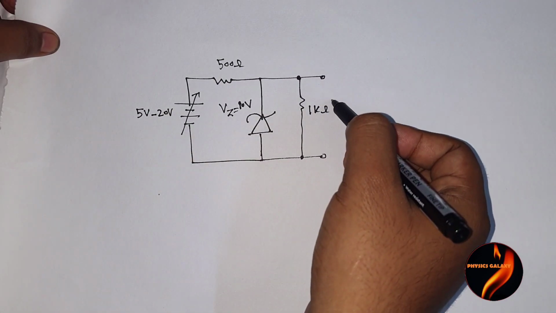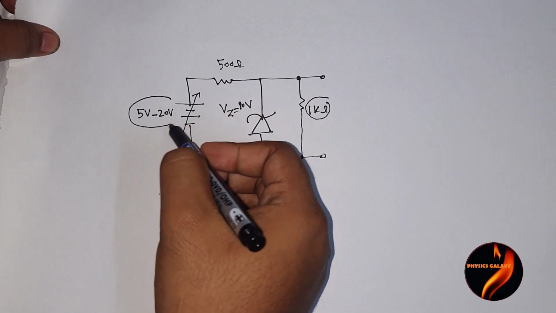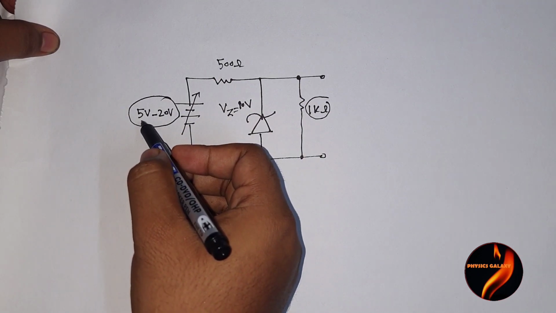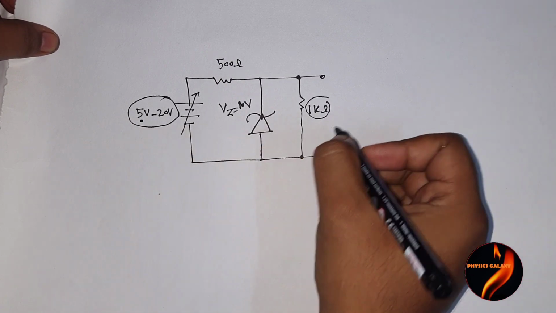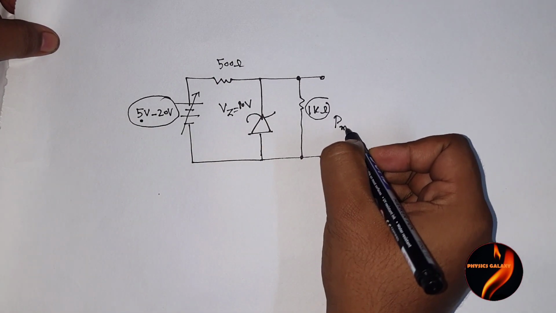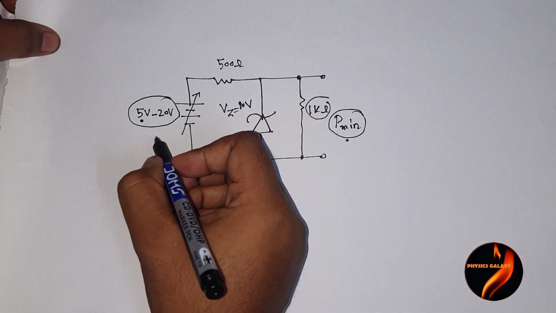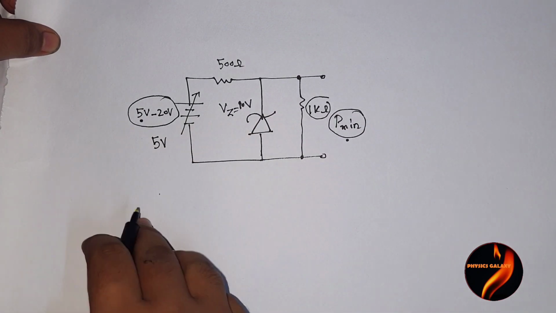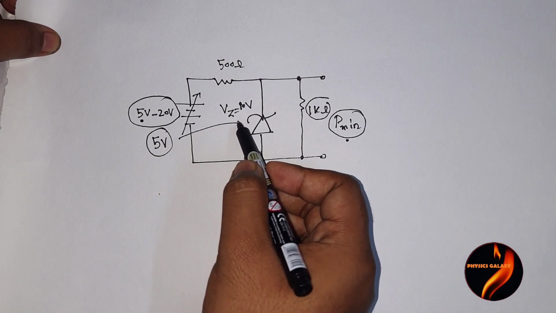The minimum power will be dissipated here when the input voltage is low, means the minimum input voltage is here 5 volt. So for minimum power dissipated here, which is denoted by P minimum, the input voltage will be 5 volt. We can see that 5 volt is less than 10 volt.